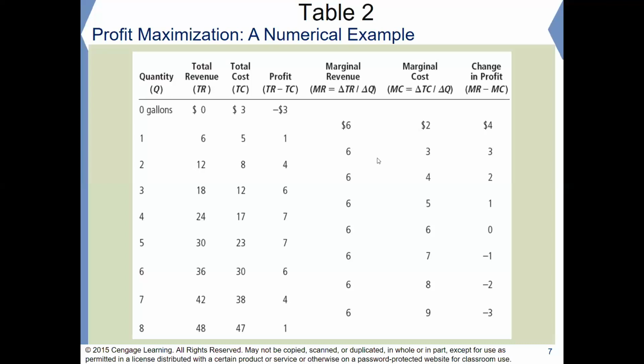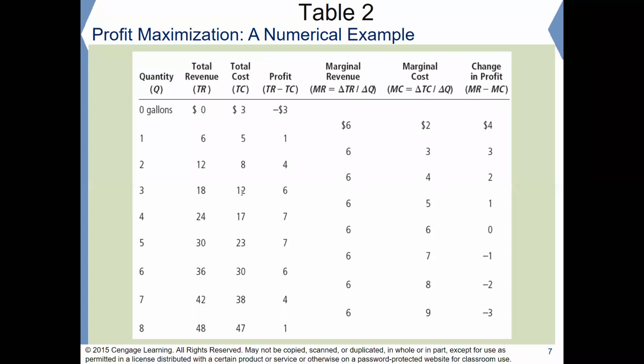And we said that profit is maximized when marginal revenue is equal to marginal cost. This is the point where the profit is being maximized.